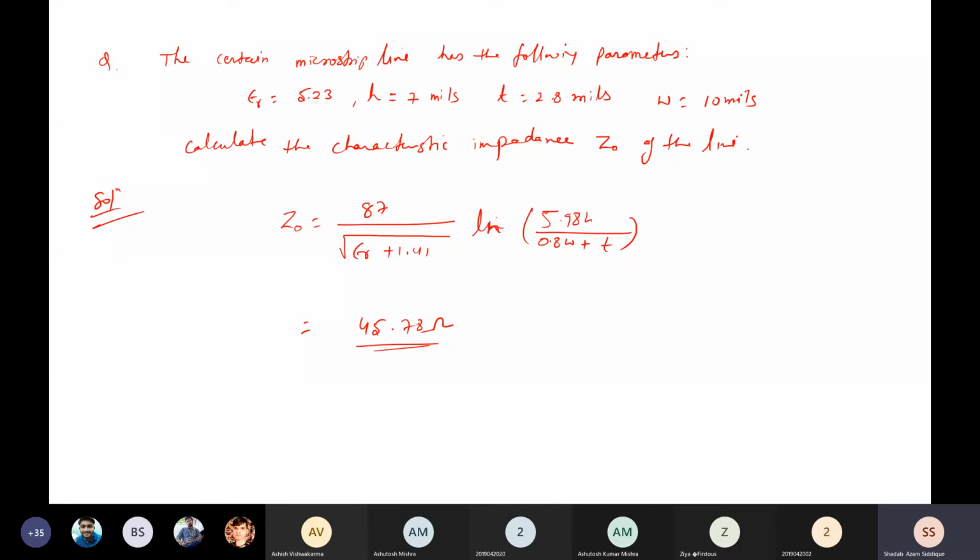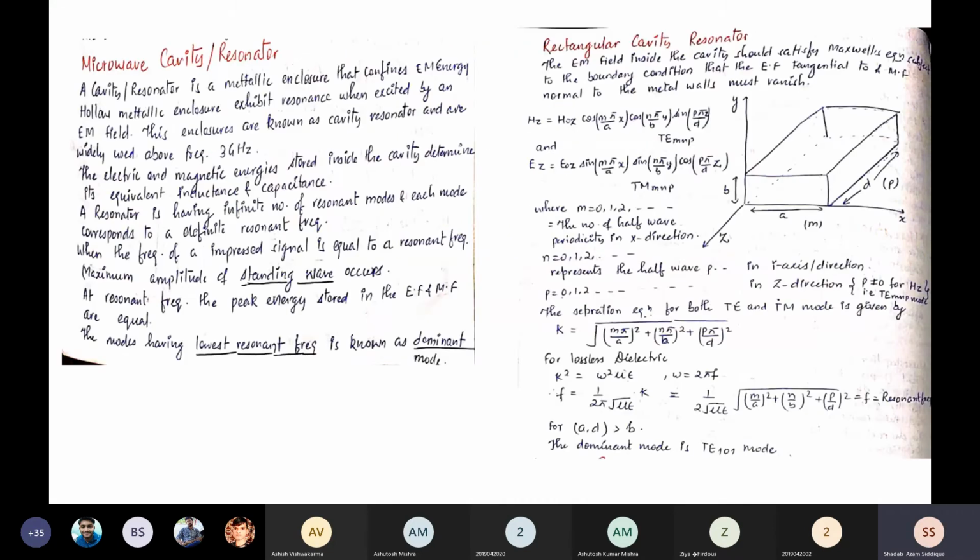Now we will see the microwave cavity resonator.